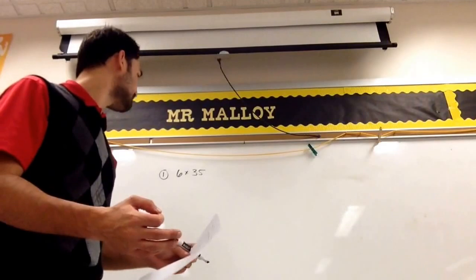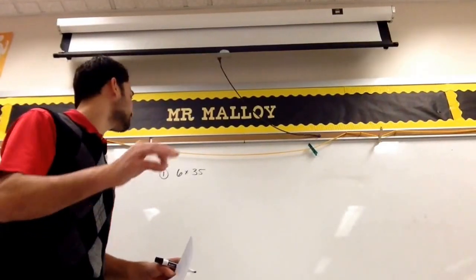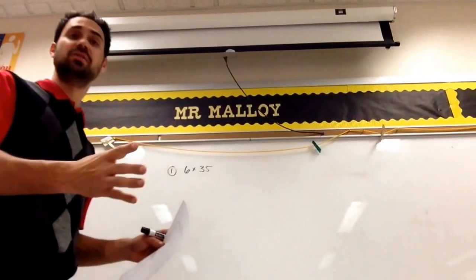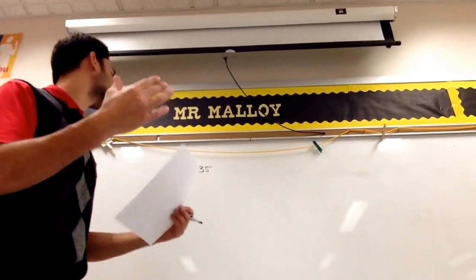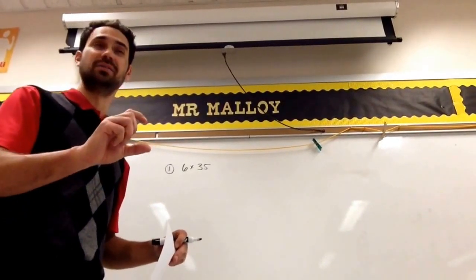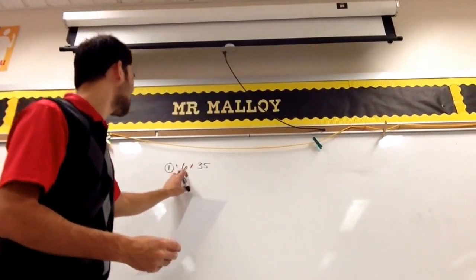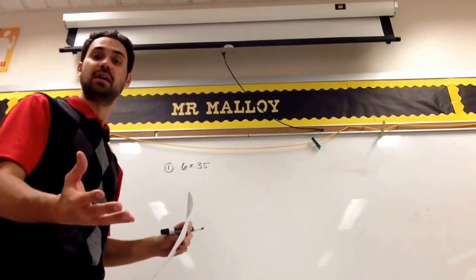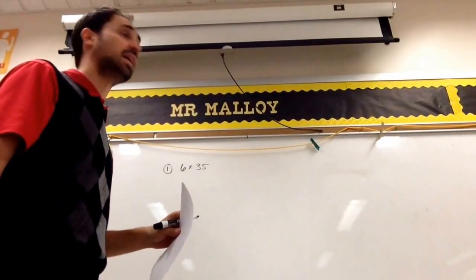So the first one is that we can make area models with this. Okay, so area models are like constructing arrays, but we don't have the little tiles, because to make something that's 6 by 35, we would have to have a lot of tiles.